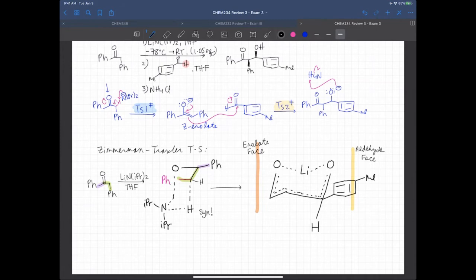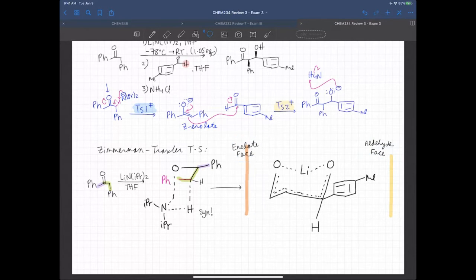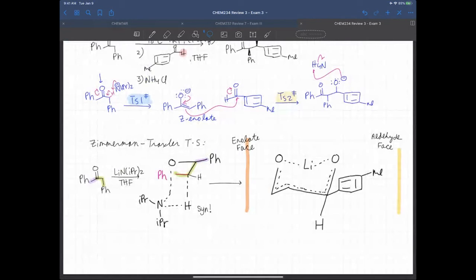Now we have to settle the enolate phase, correct? Okay, so for the enolate phase, it's a little bit different from what you saw in the previous transition state. What happens now is that the bond in green that I had previously is now going to be right here.